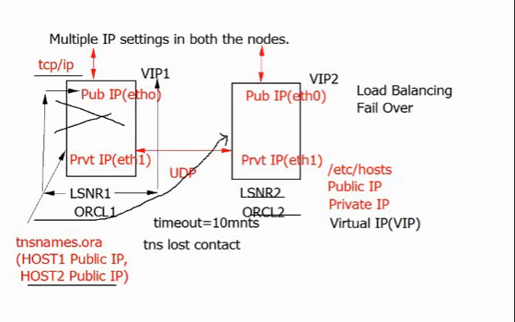In the client system, rather than using the host IP, you should be using the VIP. Now, what is the benefit? The benefit is that the VIP interface is used for connectivity. The VIP is sent to the listener, and the listener will connect you to the instance.